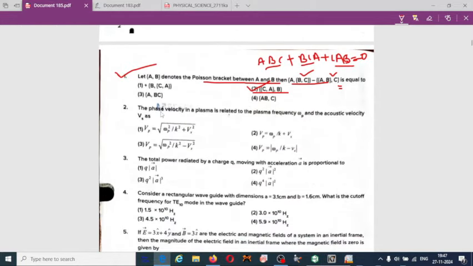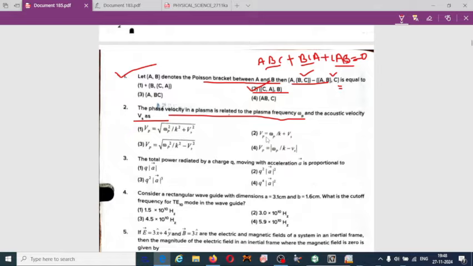Then, phase velocity in plasma is related to the plasma frequency omega p and the acoustic velocity Vs as. This is option 2 according to the given answer key. As I have informed, some of the students were telling that the answer keys are different, that they have given different answers for some of the questions.